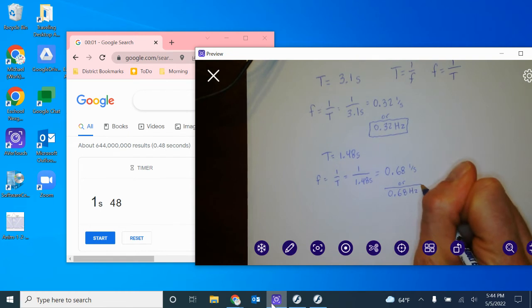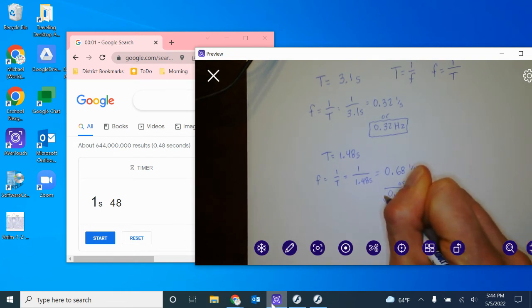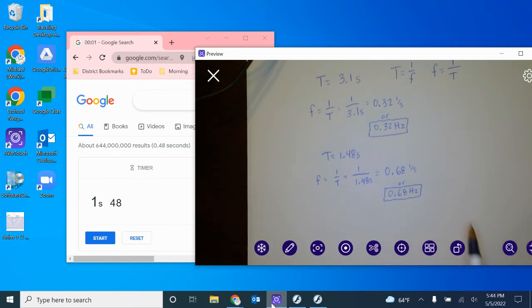It's important for us to remember and understand that cycles does not get a unit. So this is the number of cycles in 1 second. Cycle doesn't get a unit, so it just remains a 1 over here. So 0.68 hertz is the frequency of Smiley face inner tube guy.